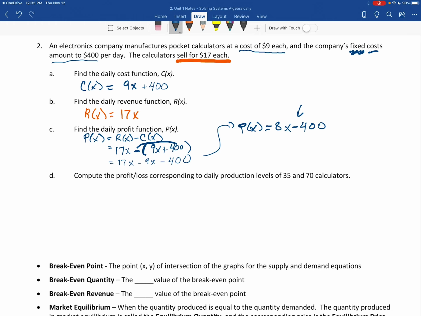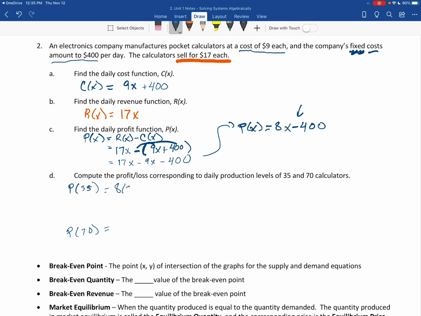Okay, so once you've been very careful with your parentheses and you've got the profit equation written, then you can compute profit and loss if you need to. So this says compute the profit or loss corresponding to daily production levels of 35 and 70 calculators. So we want to do a P of 35, and we also want to do a P of 70, to see what our profit would be in both of these cases.